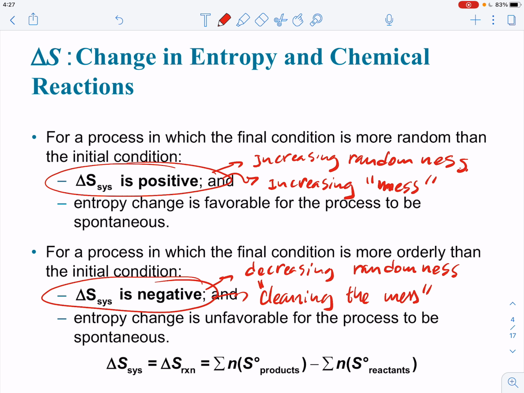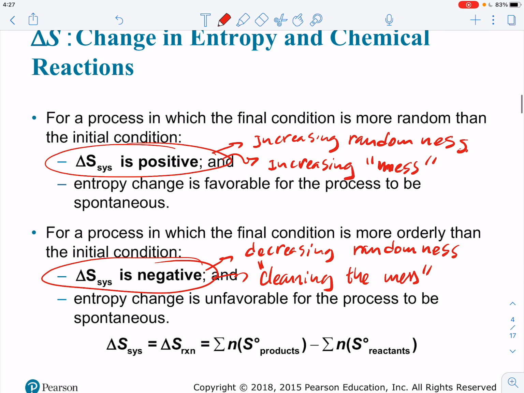Is it going to go spontaneously? Is the mess going to be spontaneously fixed? No, you have to provide some energy, some effort to clean the mess. So that process is not favorable to be spontaneous. The other way around, it is, but with a negative change in entropy, the process is not favorable.